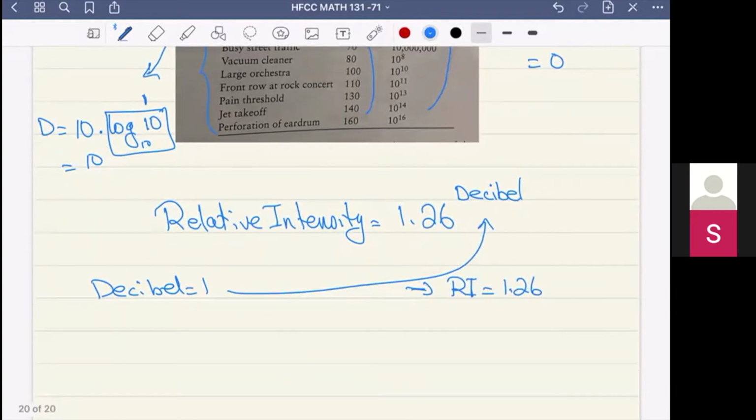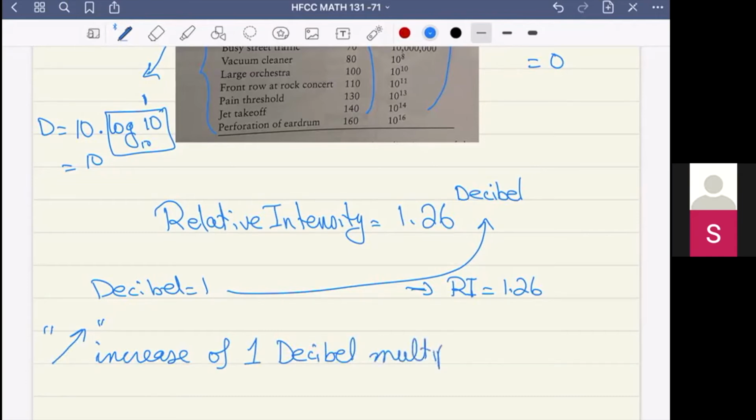This tells me that an increase of 1 decibel multiplies the relative intensity by 1.26, as we saw up here.